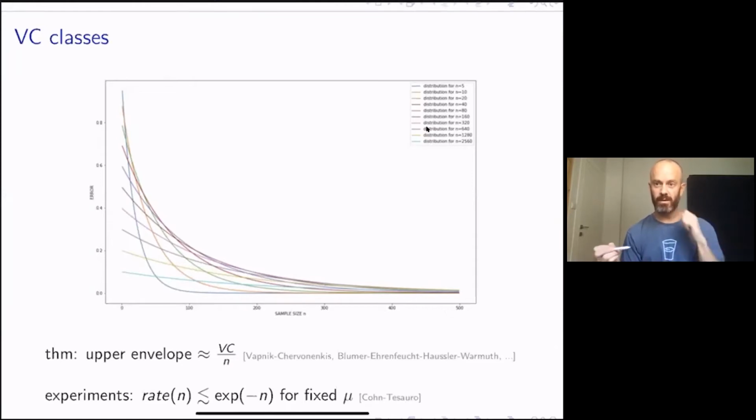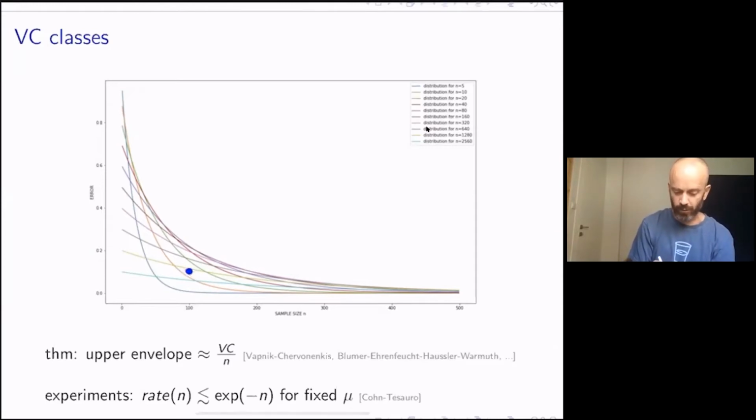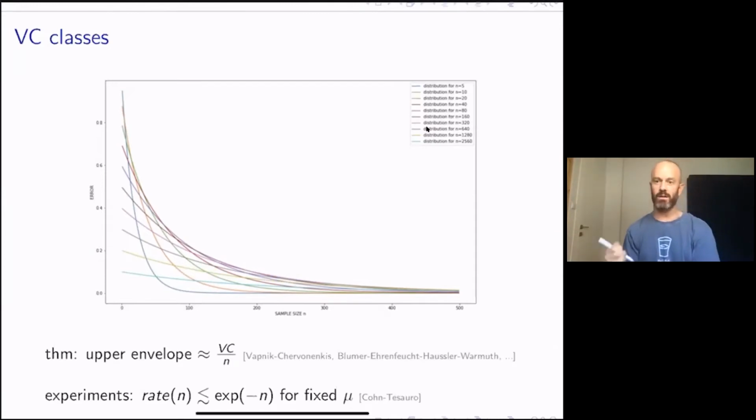So there is a different order of quantifiers. The upper envelope is interesting, but it's a very strong property. In applications, we may want to follow a specific distribution and understand what is going on for that specific distribution.